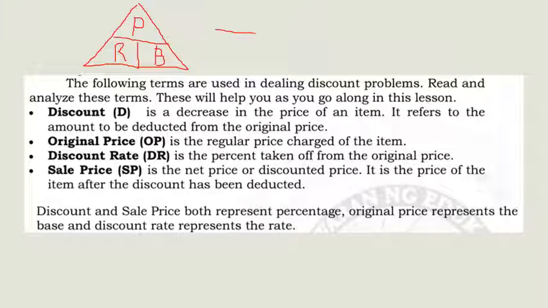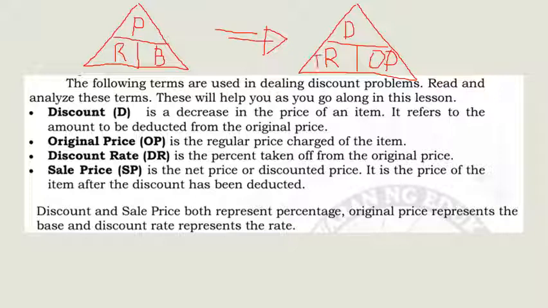Katulad rin siya sa discount. Yung discount at saka yung sale price, ito po yung ating percentage. Yung original price, ito yung ating base. And yung discount rate, yun yung ating rate.